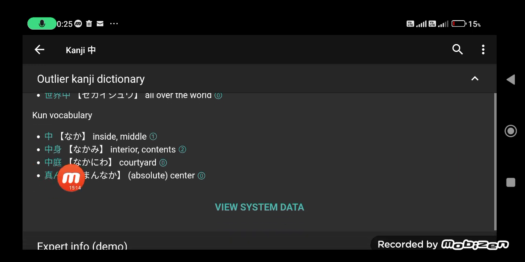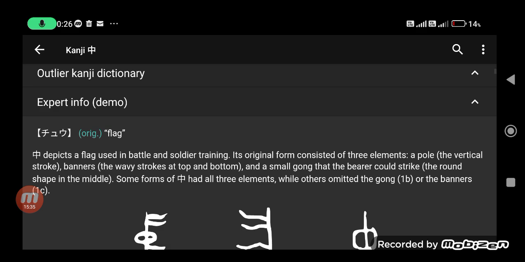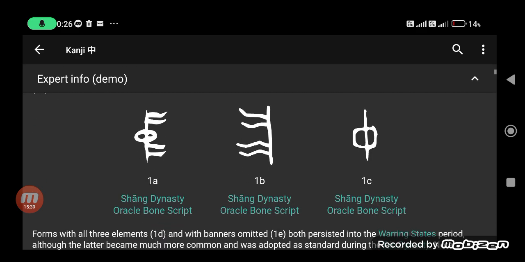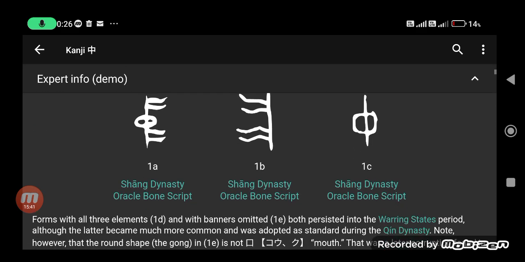Now the kunyomi reading. Naka, inside, middle. Nakami, interior or contents. Nakaniwa, courtyard. Mannaka, absolute center, the center of all centers. Okay, so this is the ancient writing, ancient depictions or drawings.